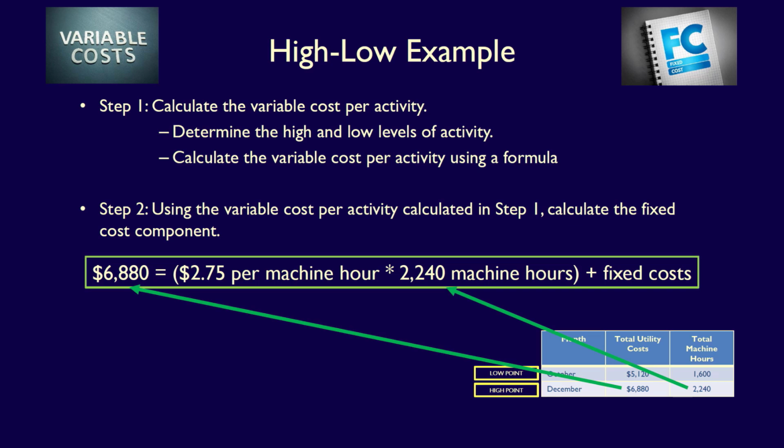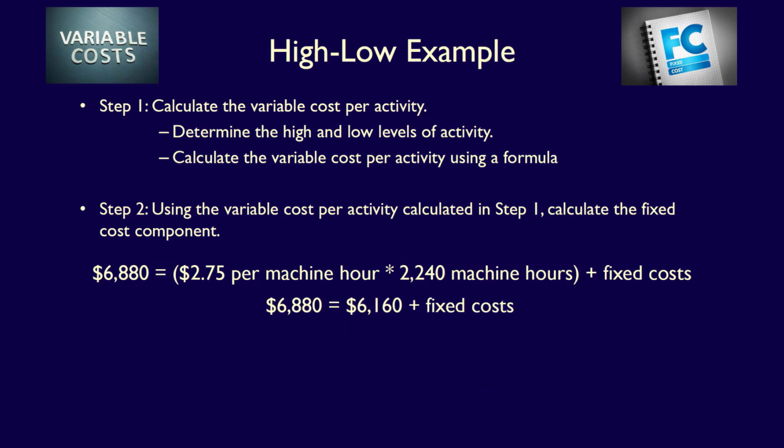We have a high activity of 2,240 machine hours in December with a related high cost of $6,880. Substituting these amounts into the formula, we get $6,880 is equal to $2.75 per machine hour multiplied by 2,240 machine hours plus fixed costs. Now let's solve for the unknown number, fixed costs.